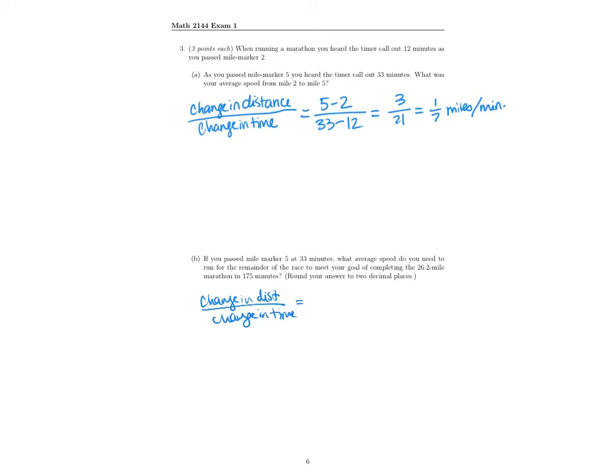And so the different distances I was given was 26.2 minus 5 over 175 minus 33. And so if I compute that, we have 21.2 over 142.